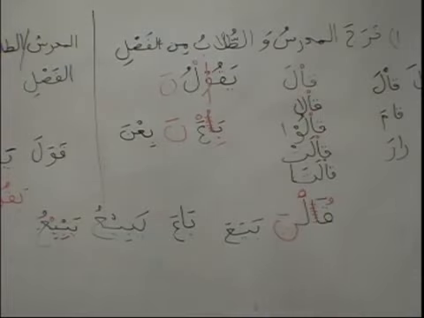Can you imagine how the language evolved thousands of years ago? Brothers and sisters, it's a miracle. Allah subhanahu wa ta'ala says in the Quran, every language is a miracle of Allah, a sign of Allah's miracle that He bestowed on His creation.